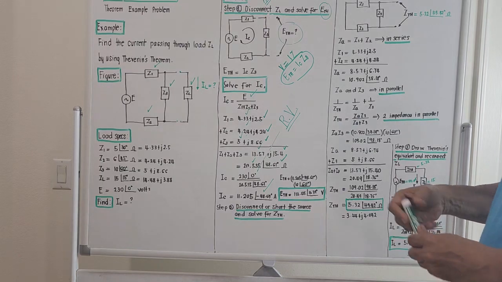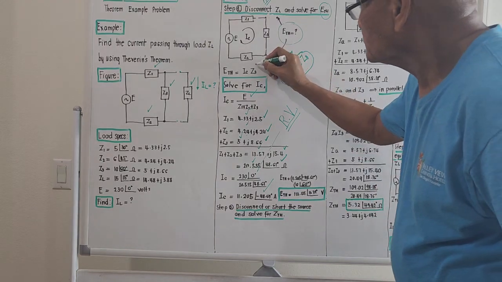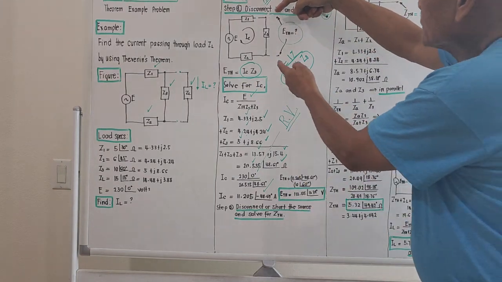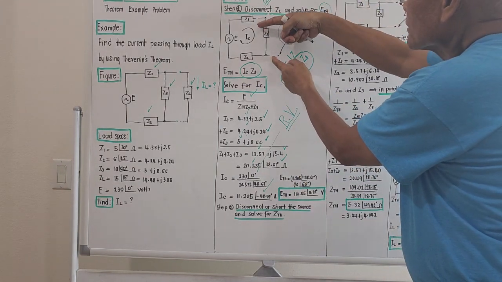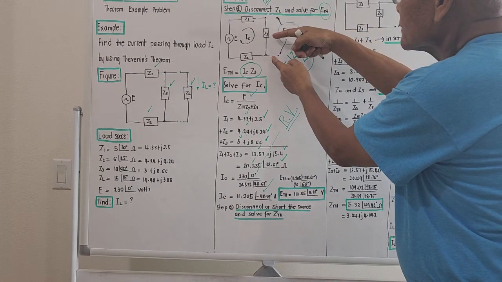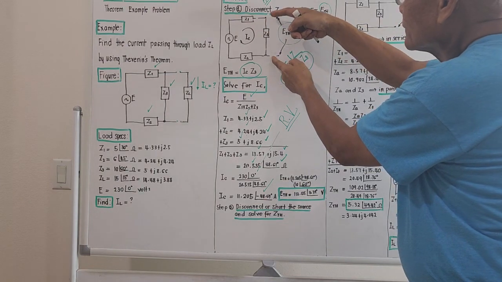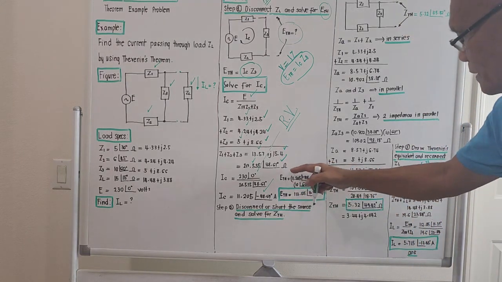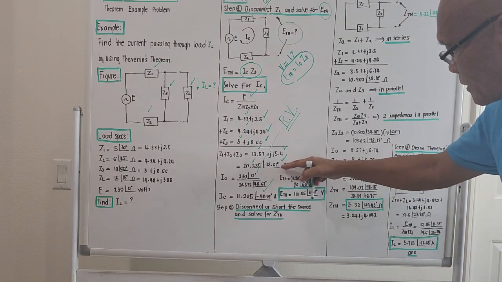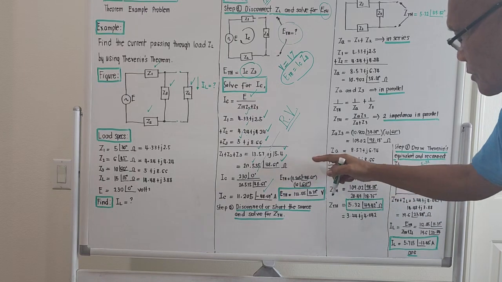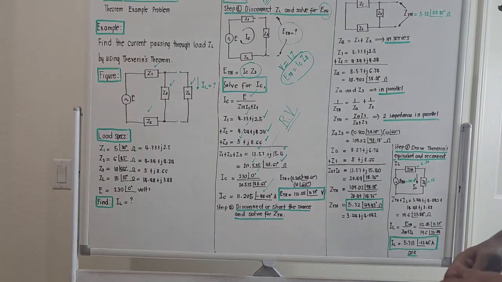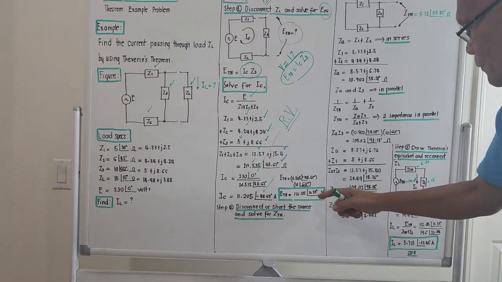So if we now try to go back here, okay, the open circuit voltage across this will be the current passing here times Z3. It's actually the voltage across Z3. Okay, so ETH now, meaning Thevenin's equivalent open circuit voltage, will be 11.205 times 10, and the magnitude is actually 112.05.